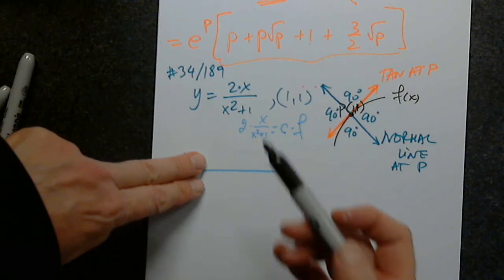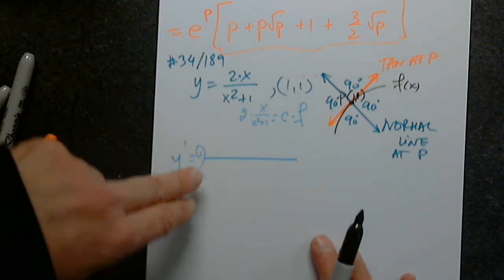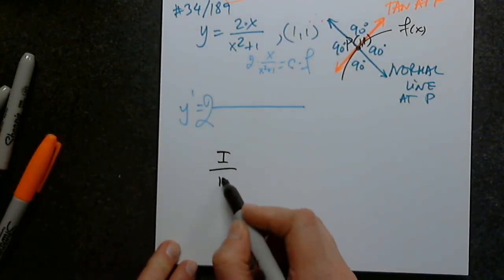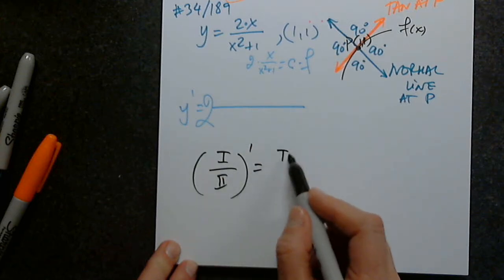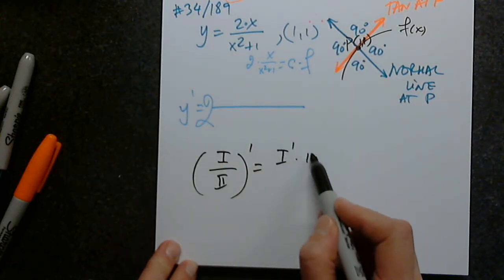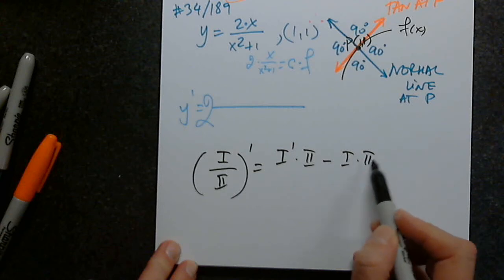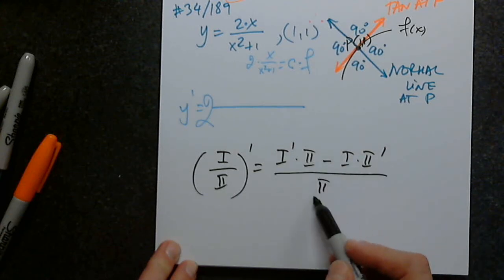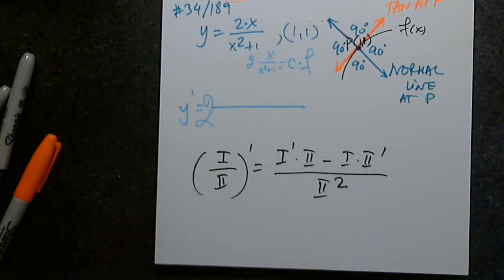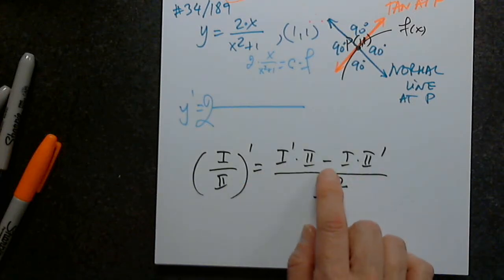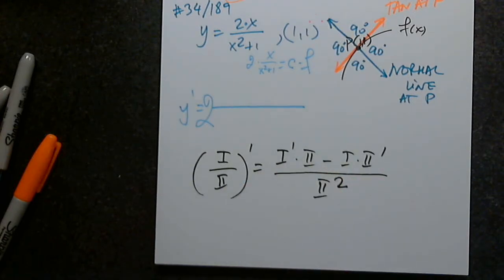Now, let me write the formula that I'm using here. The quotient rule: first function prime times the second function, minus the first times the second function prime, over the second function squared.